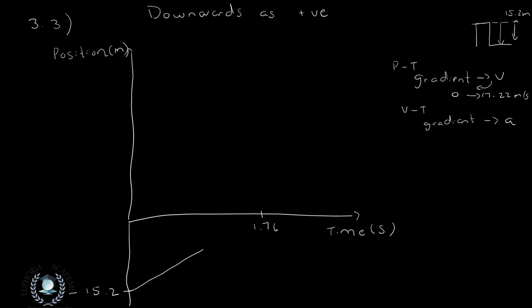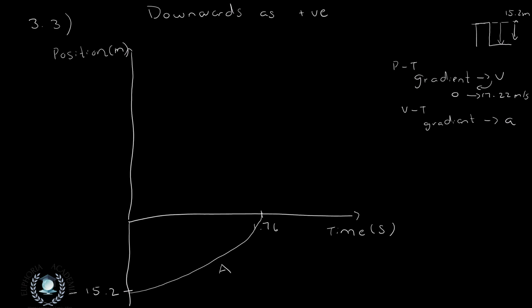Let me draw this properly. We're going to have like an exponential sort of line, right? So the line is going to curve, and it's also going to be the same for ball B. So that's our ball A. Now what happens to ball B?